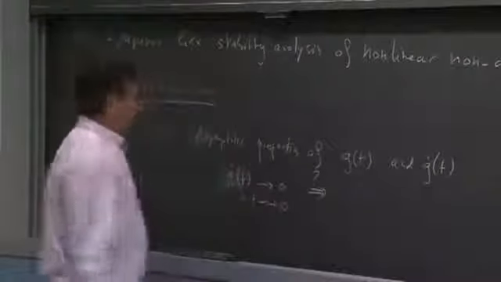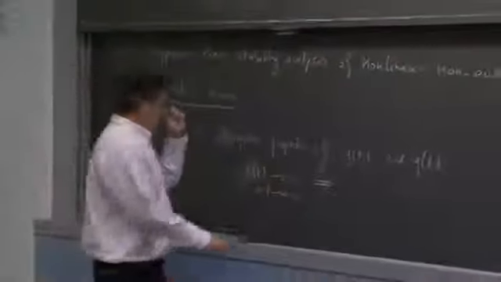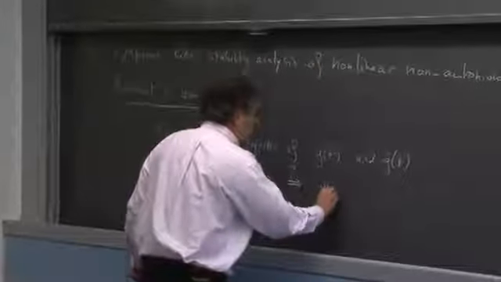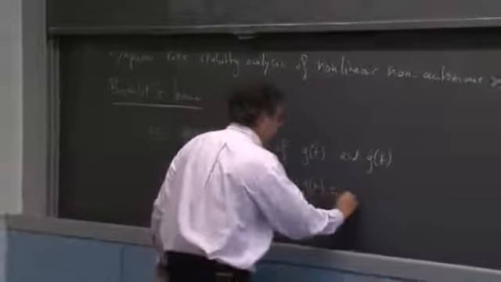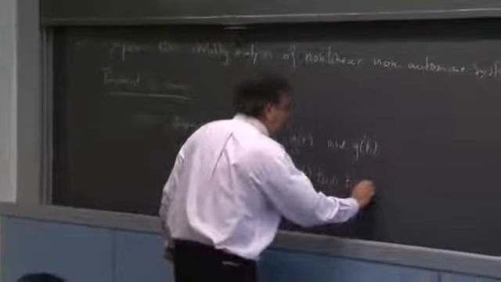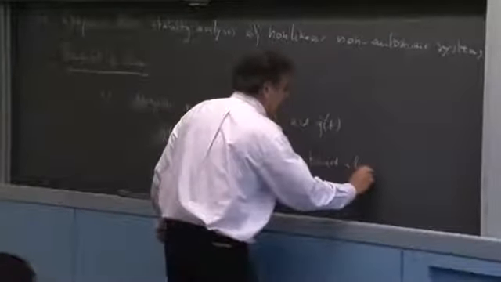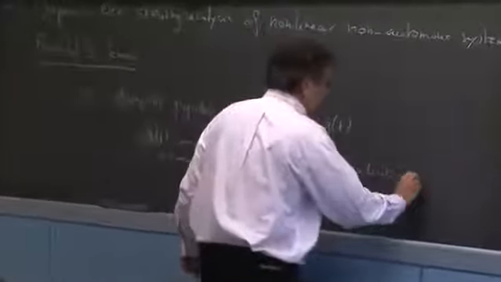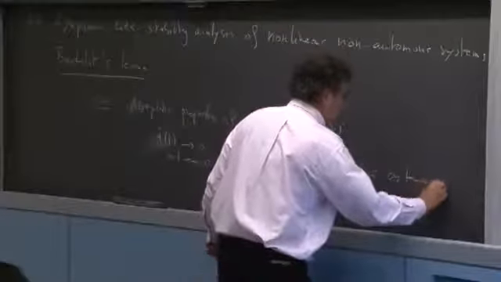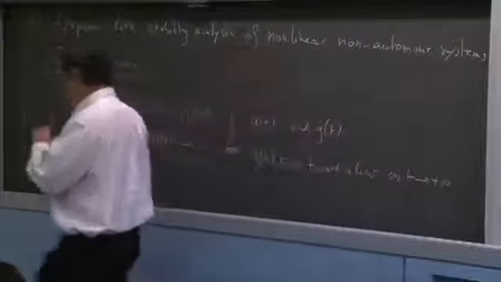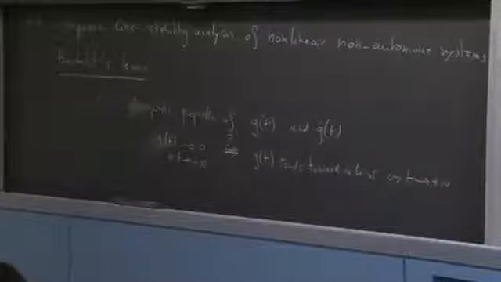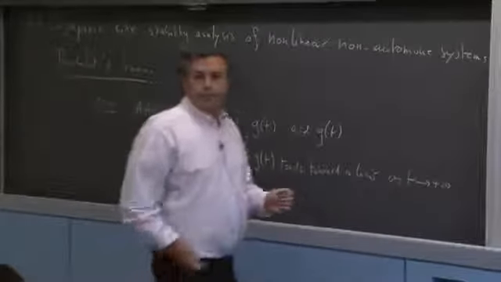Does this imply that g of t tends toward a limit as t tends to infinity?